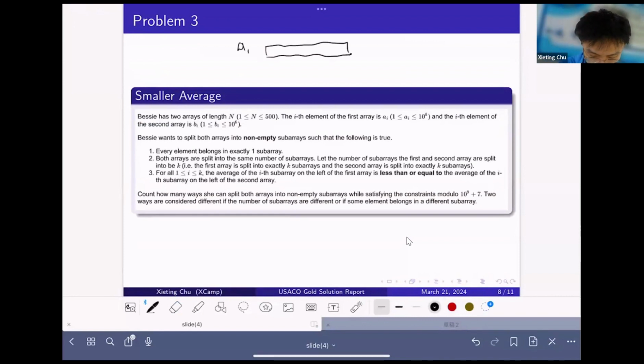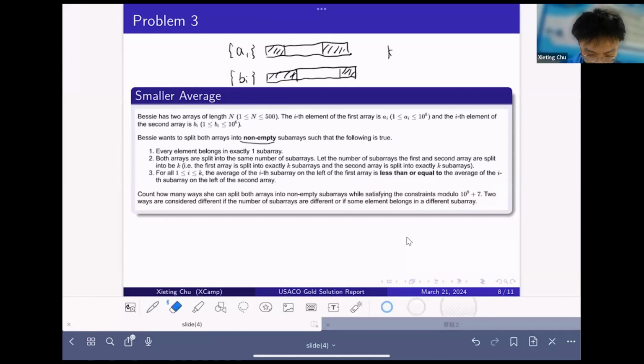The first array is A. The second array is B. You want to split these two arrays into an arbitrary k segments. For example, if k is equal to 3, then you can split the two arrays each into k parts, and each part should be non-empty, and every element belongs to exactly one sub-array.